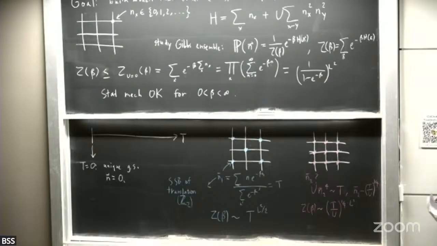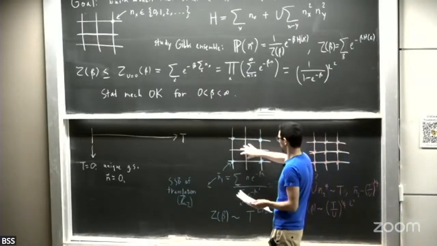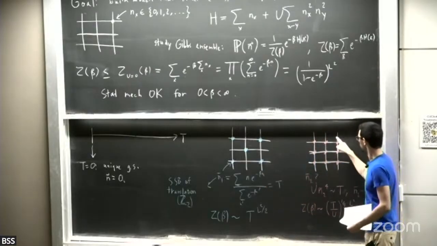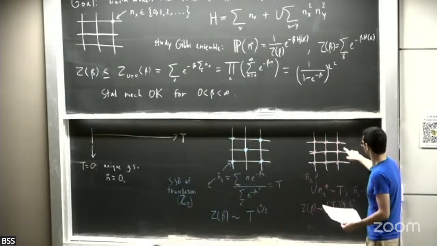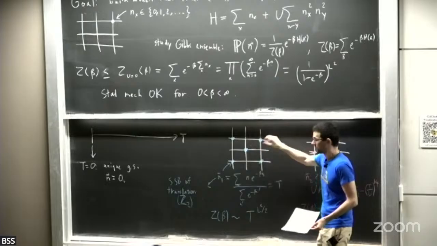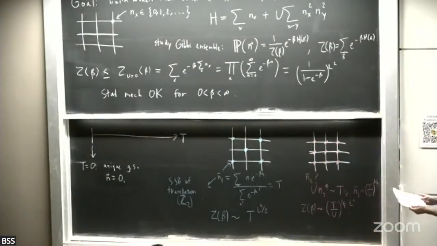One can do other, maybe slightly less heuristic arguments based on what you might call a Peierls argument, and argue that if you try to nucleate little clusters, either of this phase or of the opposite sublattice phase within the solid, the free energy cost is very large. Okay.